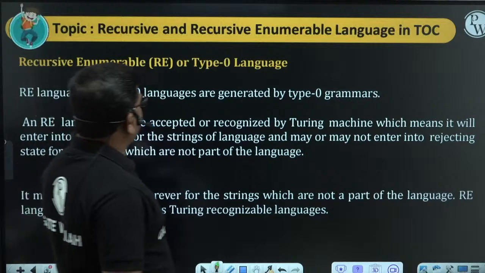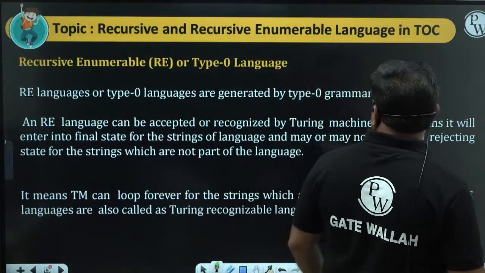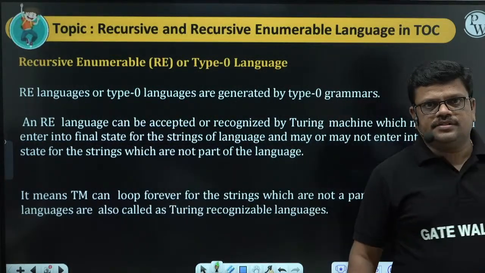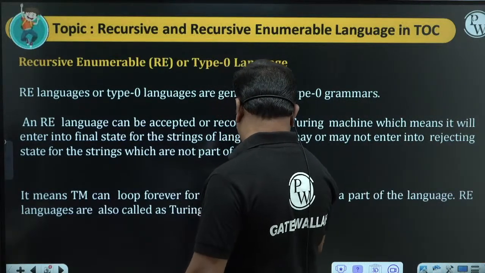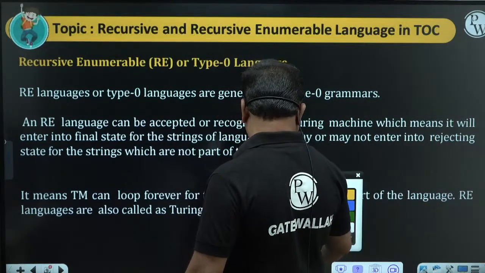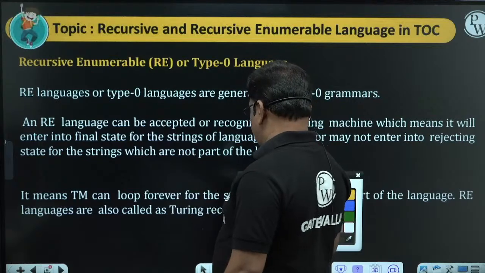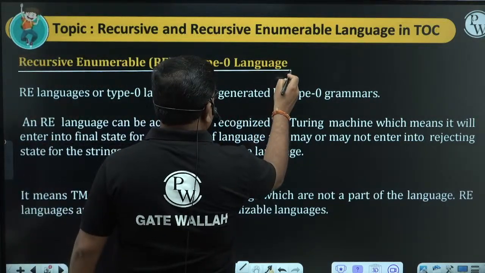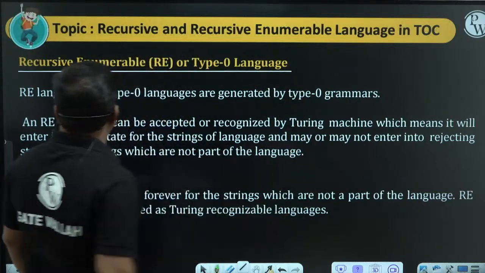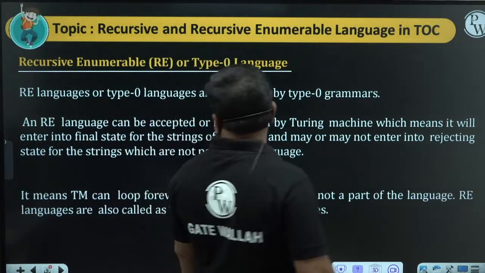First, recursive enumerable languages. Let us study the definition of recursive enumerable languages, or type 0 languages. Read it once.